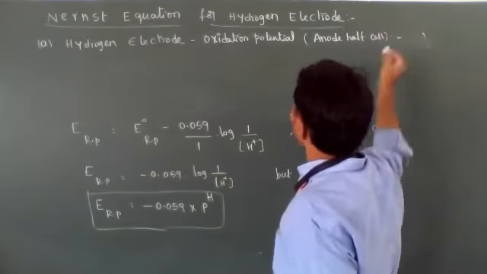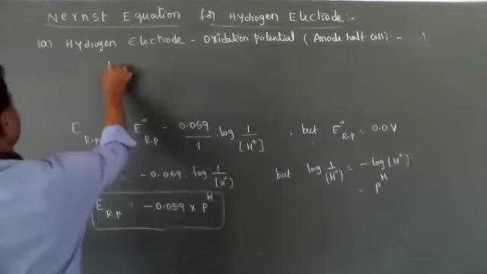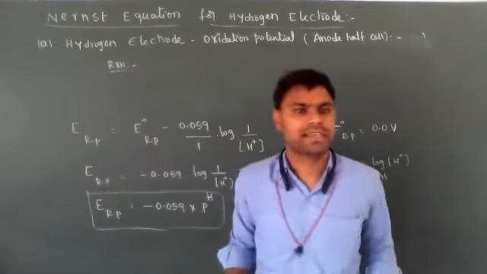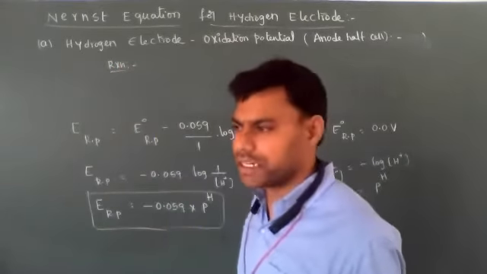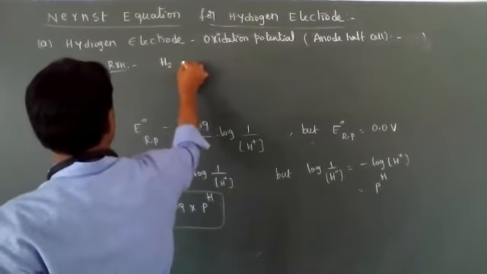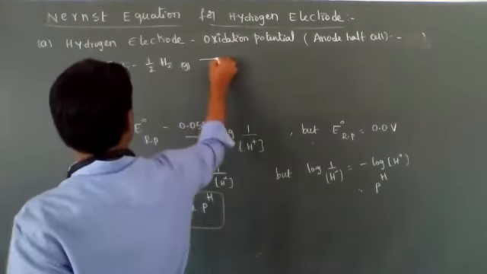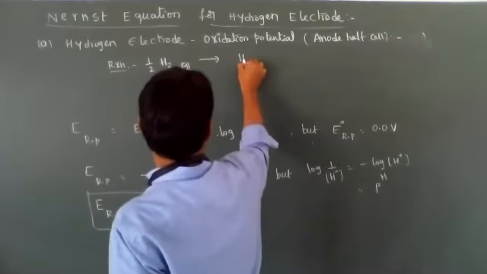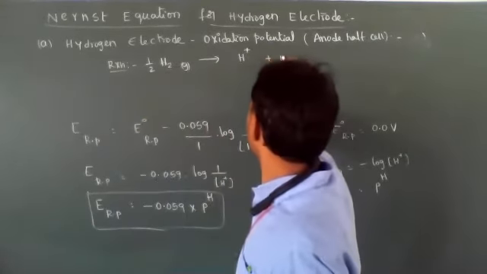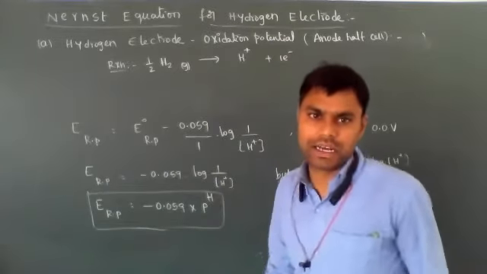So in this anode half cell, what is the cell reaction? Half cell reaction means oxidation half cell is present. What is the oxidation reaction? It is nothing but half H2 gas converted into H plus ions and loss of an electron.